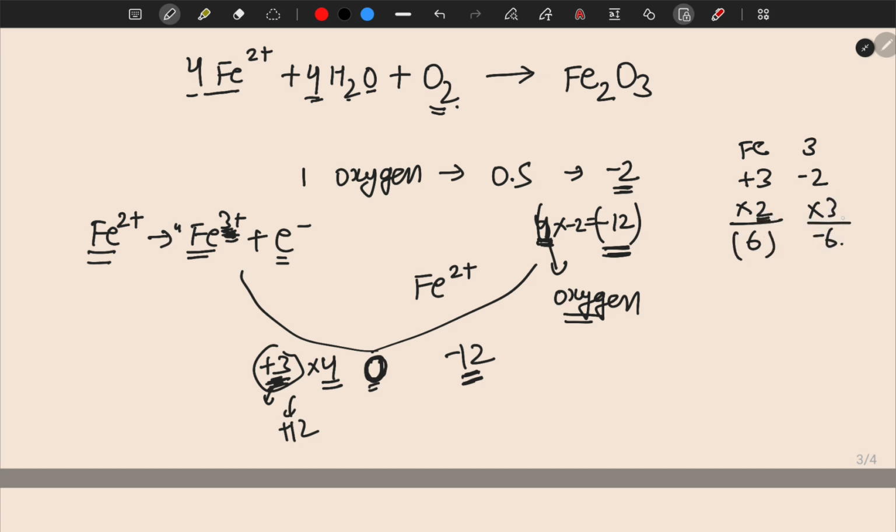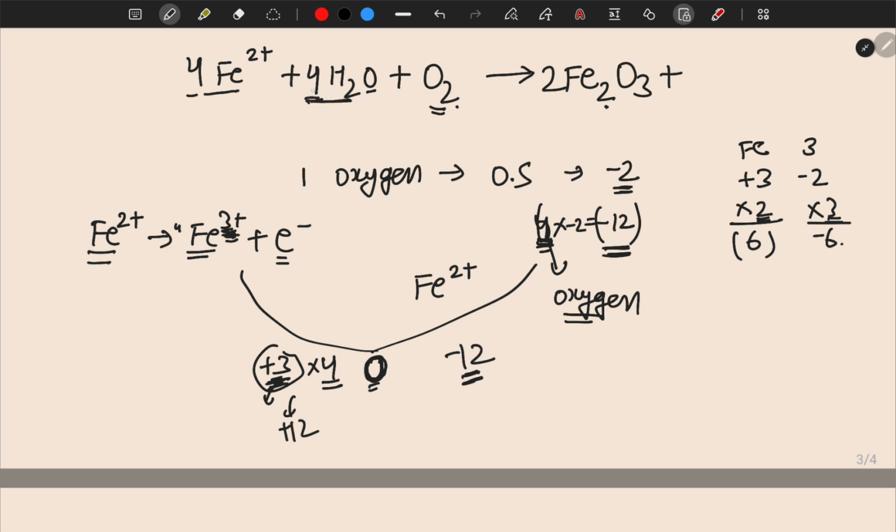So that's why Fe is 2 and O is 3. That's how you decide what will come here, based on the neutrality of the compound. Right now there are 2 Fe and 3 oxygen. So how many oxygens did we have here? We had 4 plus 2, that is 6, and 4 Fe.